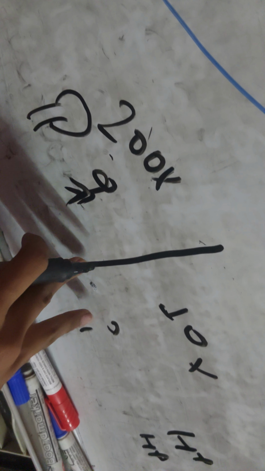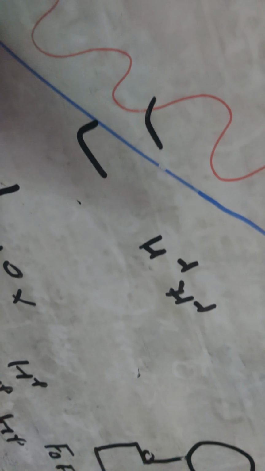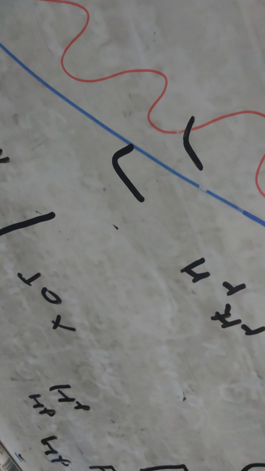Here there is a large population, here less population. Similarly, proton gradient means outside the mitochondria the proton level is high, and inside the mitochondria the proton level is low.